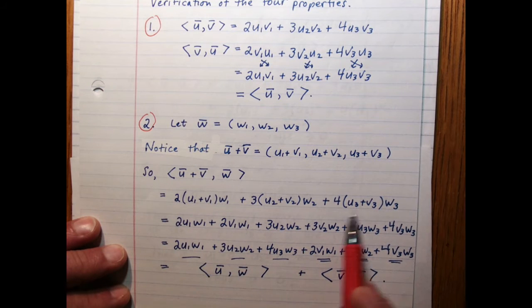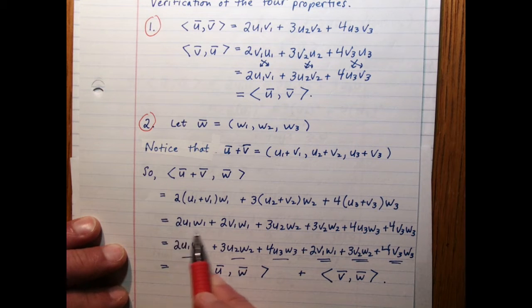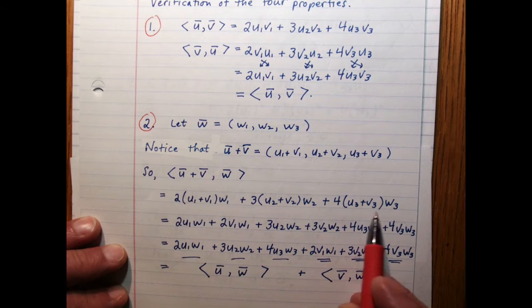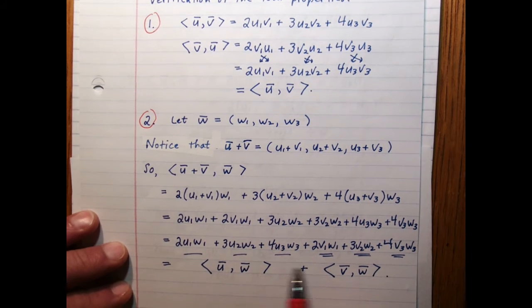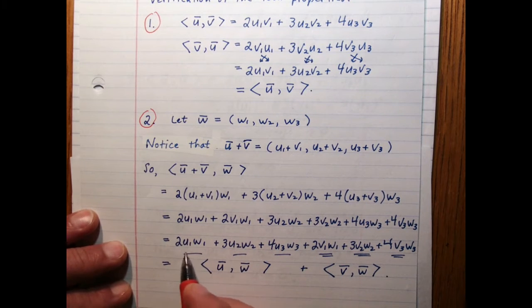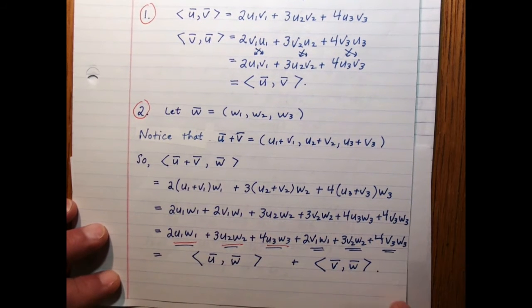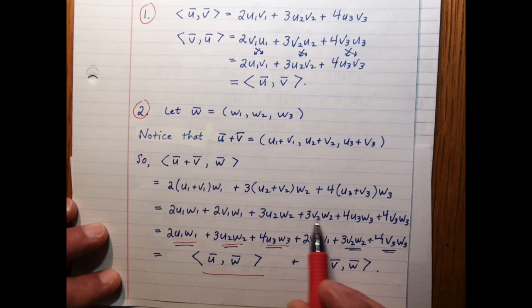And once I write this out, I can just apply basic algebra to it, distribute, rearrange terms, and it's because of what's going on with the basic algebra that when I write the 2U1 W1, 3U2 W2, 4U3 W3 terms first, that's just the inner product of U and W. And then I have 3 other terms, 2V1 W1, 3V2 W2 plus 4V3 W3.